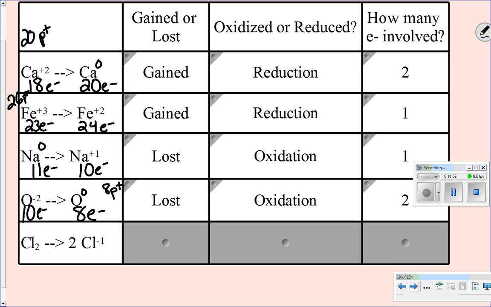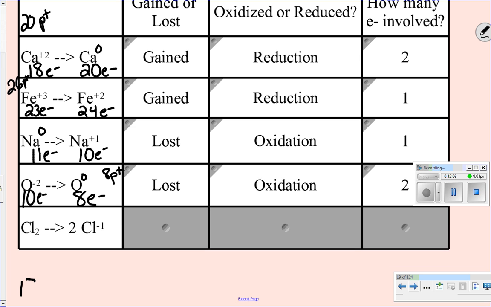This one's a little bit tricky because we kept the little diatomic 2 in there. If you look up chlorine on the periodic table, it's element number 17. So each of these chlorines has 17 protons, and 17 electrons also. Neutral chlorine is going to have 2 times 17, or 34 electrons. When we write this as an ion, we move the 2 out front instead of keeping it as a subscript.